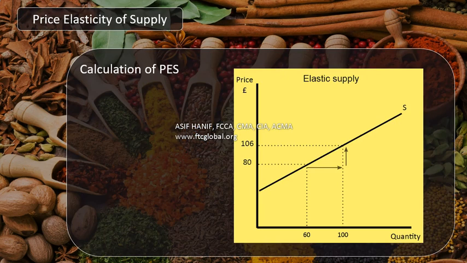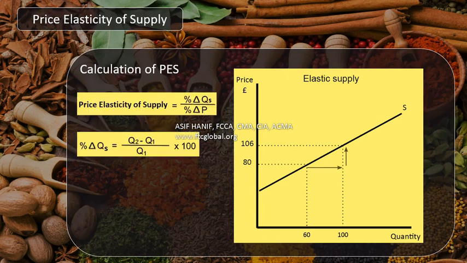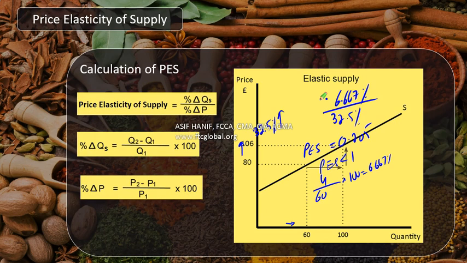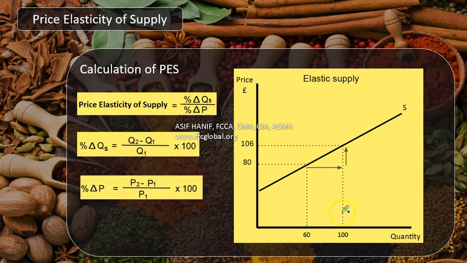Let's see another example in which we have a relatively flatter supply curve. As you can see in this example, quantity has significantly changed, but there is comparatively little change in price. The price has gone up from 80 to 106, 26 upon 80 times 100, that is the same percentage, 32.5%, but look at the change here.